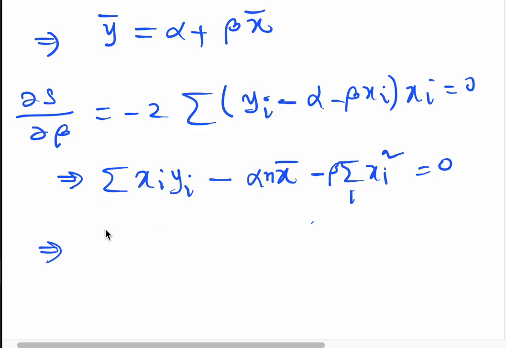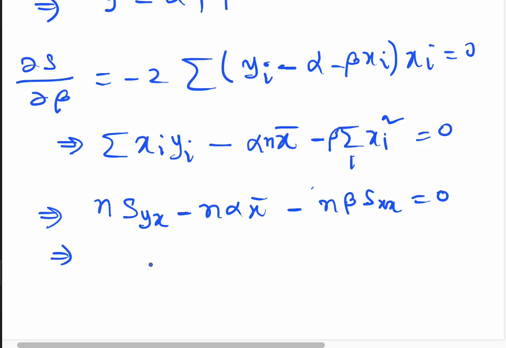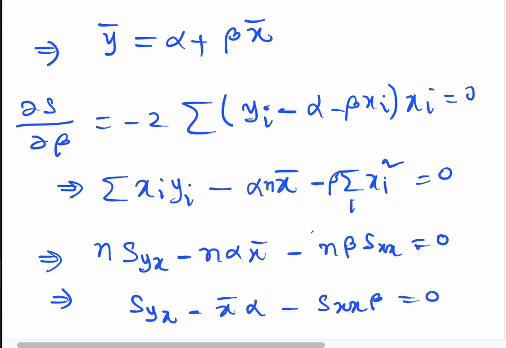That's it. So this is n Sxy minus n alpha x bar minus n Sxx beta equal to 0, or Syx minus x bar alpha minus Sxx beta equal to 0.